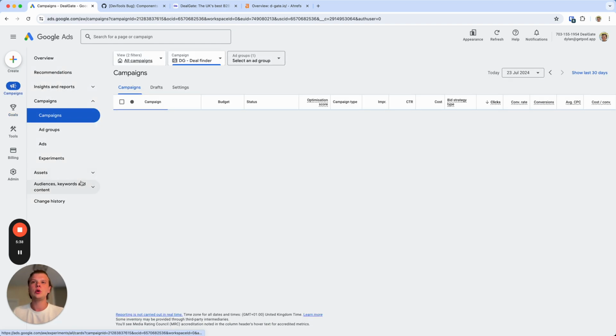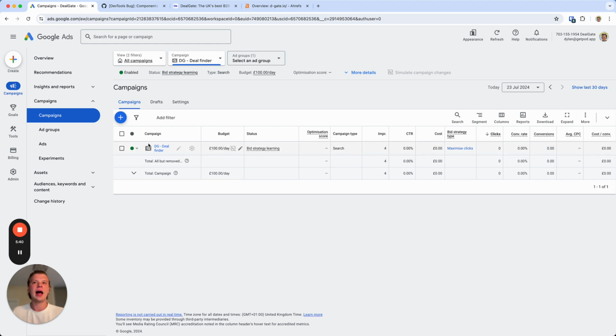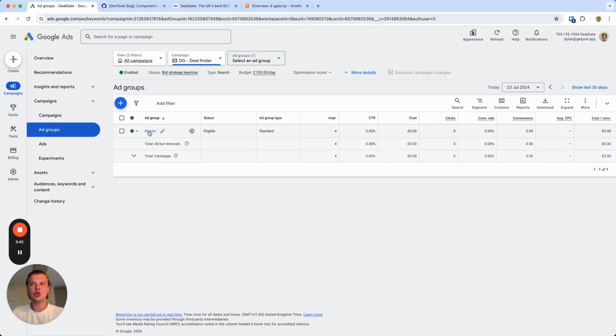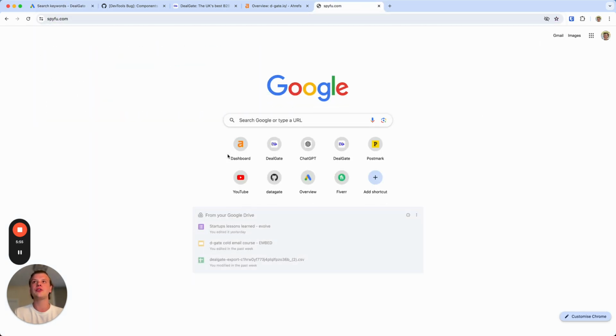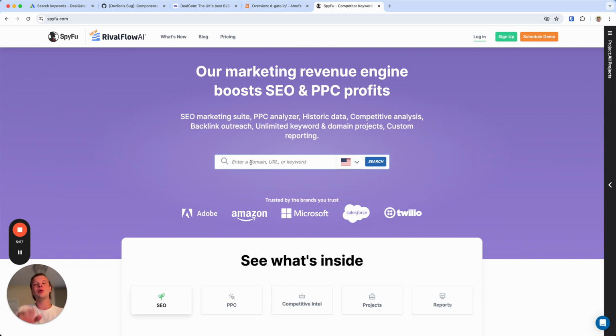When we start a campaign, what we would like to do is make sure that we are running exact match only keywords. And my advice for keyword selection is you want to go to SpyFu.com, and then you can type in here's a competitor.